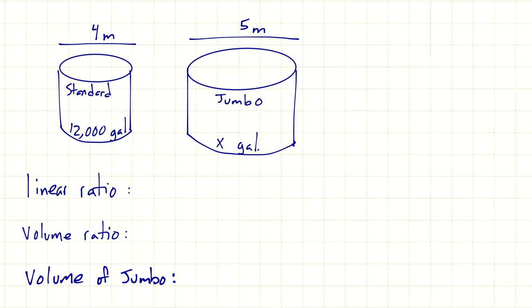So let's use that. I'm going to put 5 over 4. All right, and now that we have a linear ratio, we can easily create our volume ratio. Let's see if you can tell me what the volume ratio is going to be for this problem.